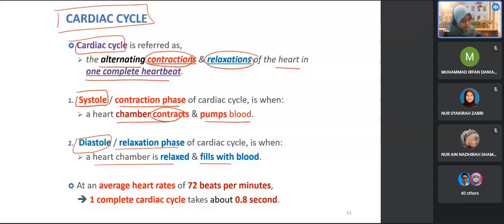So at an average heart rate, there are 72 beats per minute. So in 1 minute your heart will beat 72 times. So one complete cardiac cycle takes about 0.8 second. Macam mana dapat 0.8 second ni?